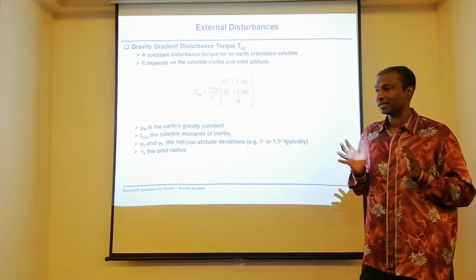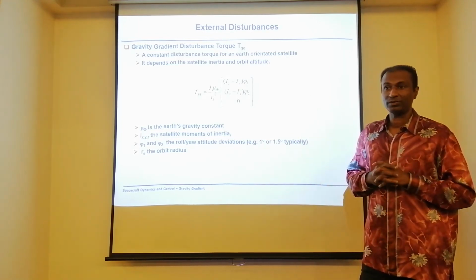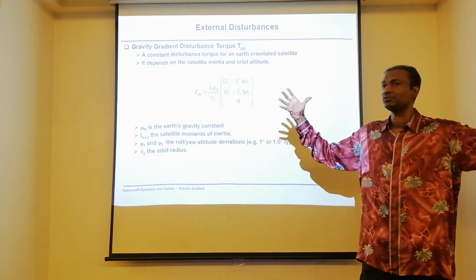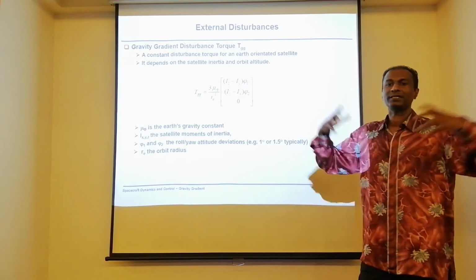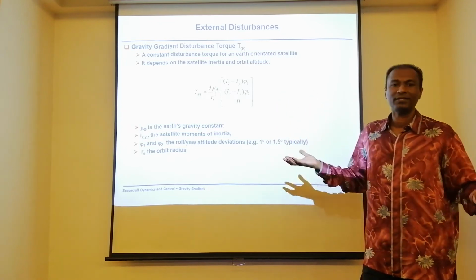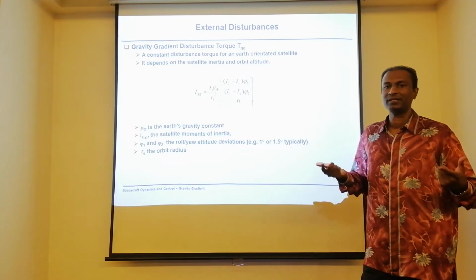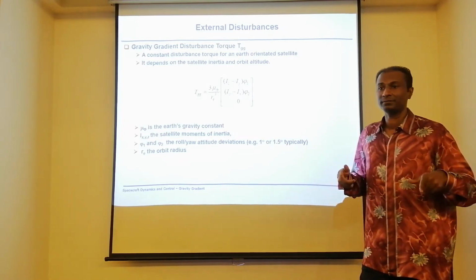Not all satellites can use booms like what you see. Booms are available for small satellites, easy, but for larger satellites you don't have booms. You just build a satellite, then you live with those gravitational disturbances. What you have to know is that you have to quantify the gravitational disturbance so that you can correct it.